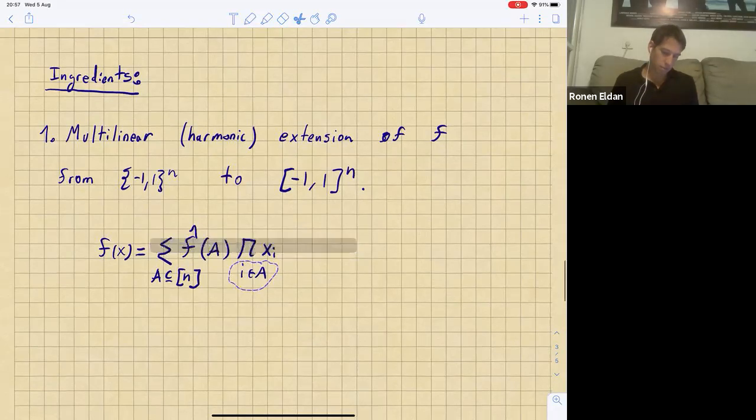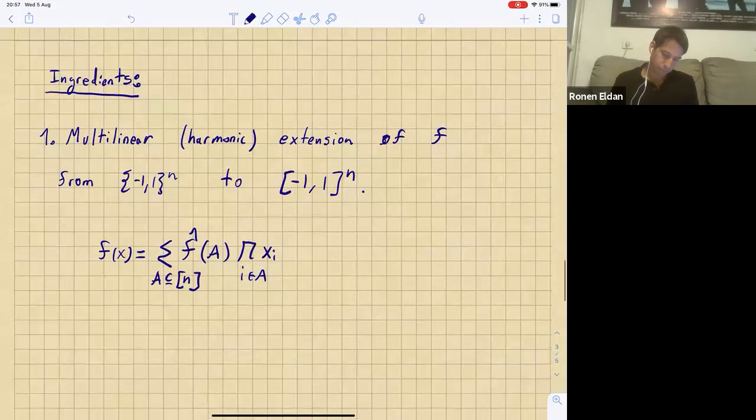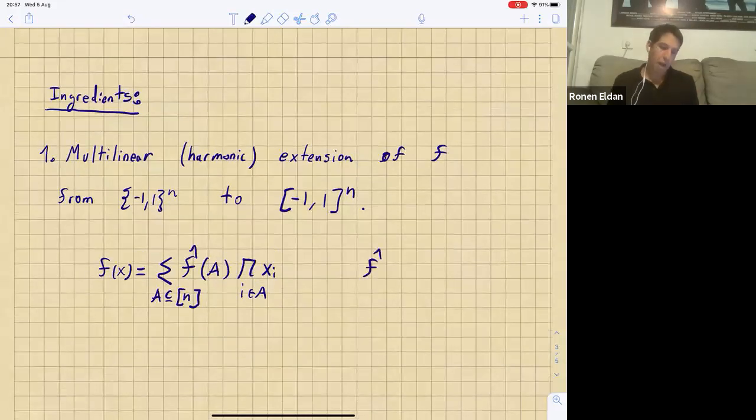And f hat, which is often called the Fourier transform of f, exists and it's also unique.